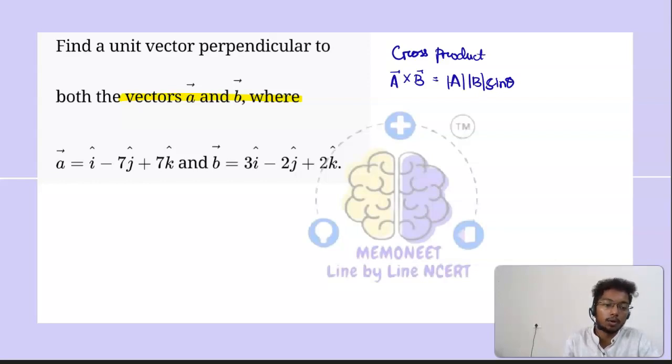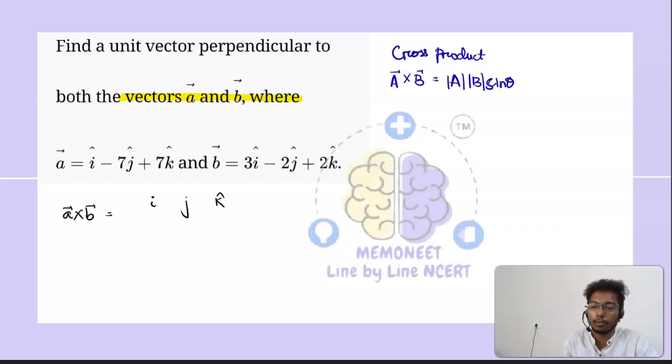Now let's solve this. We have to find the other vector, which is given as a vector cross b vector. a cross b is equal to the determinant with i cap, j cap, k cap.